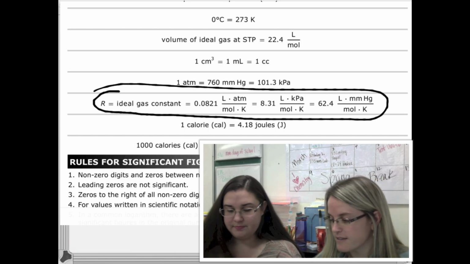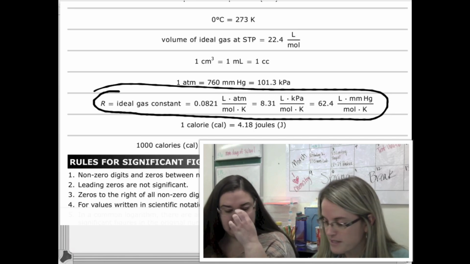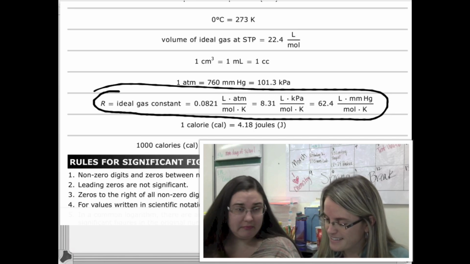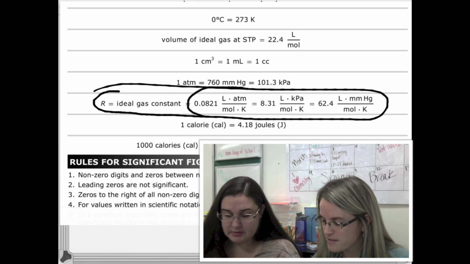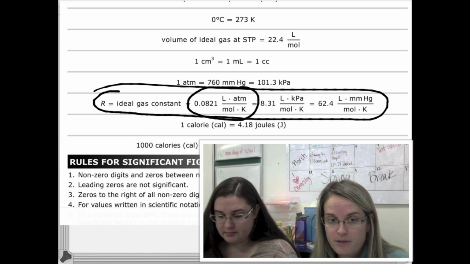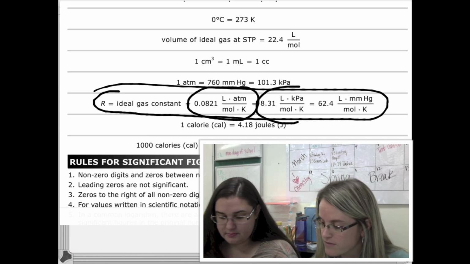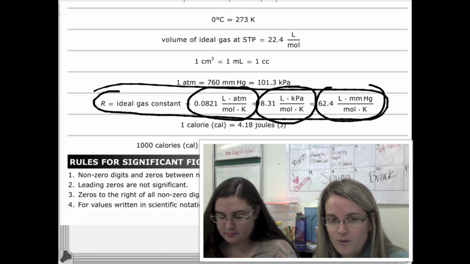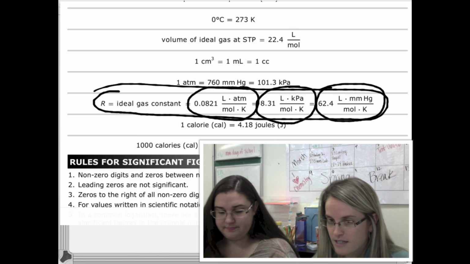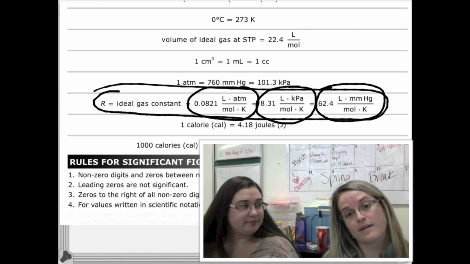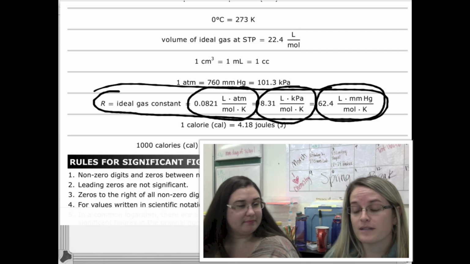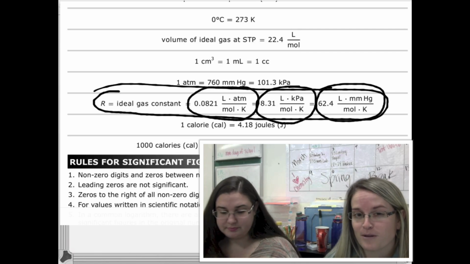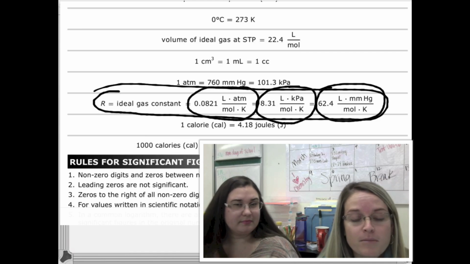When I'm looking at the R, I notice I've got 3 different values. They look the same, except that within their units, they all have a different unit for pressure. Since Mr. Thompson and Mrs. Copeland already talked about this, if you're not familiar with a unit, it's probably a pressure unit.